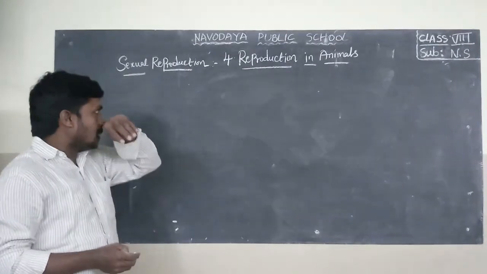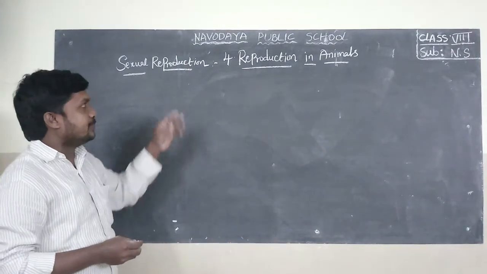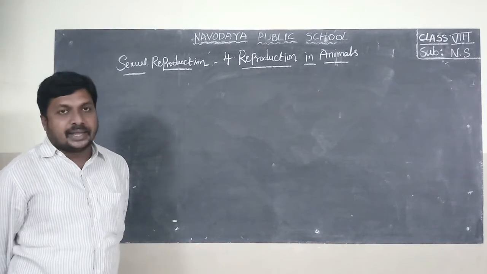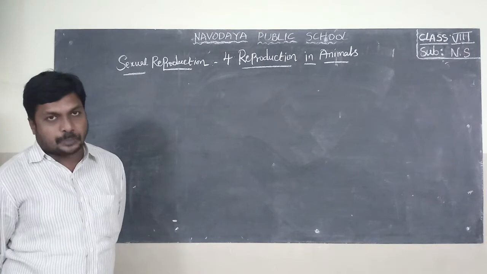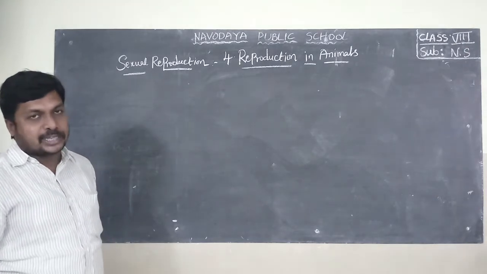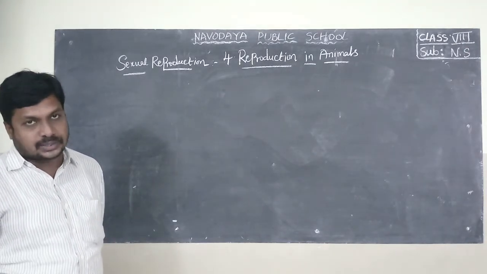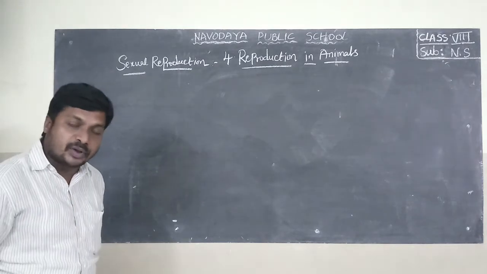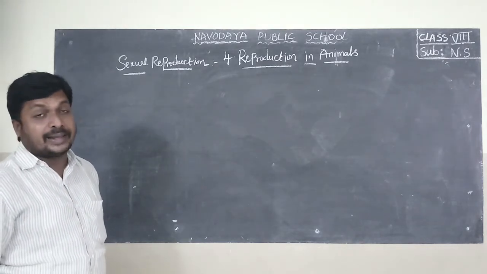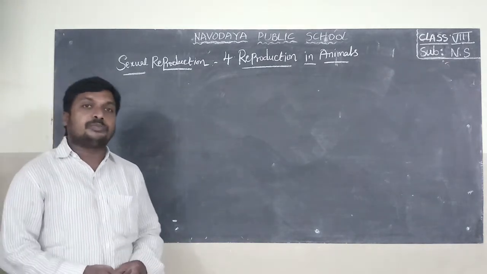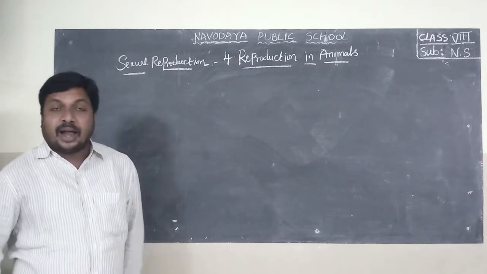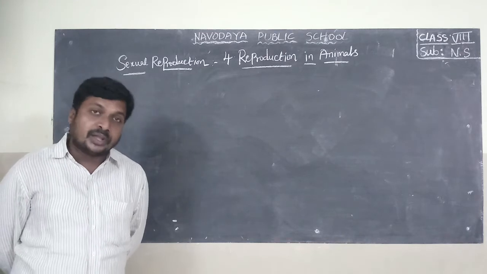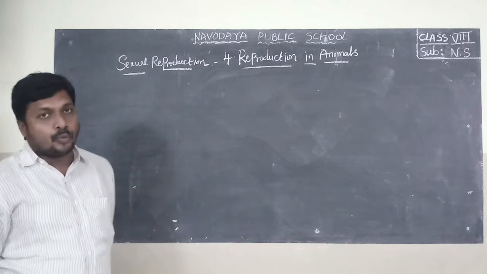In the previous class, the 4th lesson in 8th class NS subject, that is reproduction in animals, I explained the differences between asexual reproduction and sexual reproduction, and I explained sexual reproduction in flowers, unisexual flowers and bisexual flowers, the male reproductive system of human, the female reproductive system of human, the structure of sperm, and the structure of ovum.